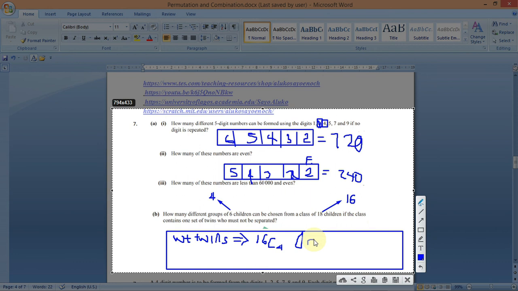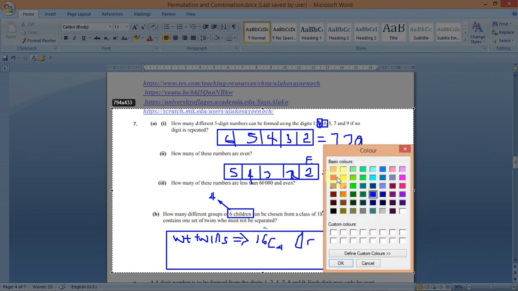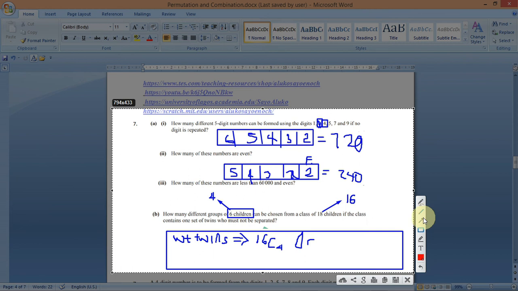Okay, but if I have without the twins, so without the twins now, if you want to have without the twins here, this will remain 6, because I'm not taking them out.